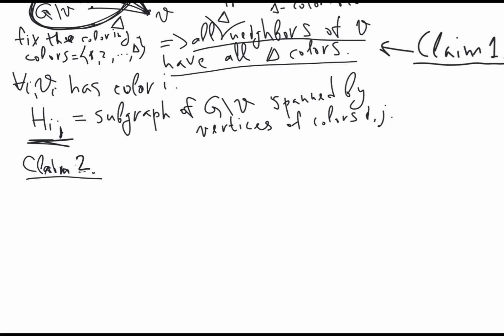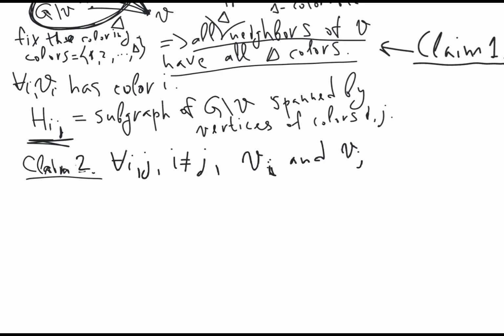So now claim 2. Claim 2 is for any i and j not equal to each other, the vertices Vi and Vj lie in a common component. Yeah, we need another notation.